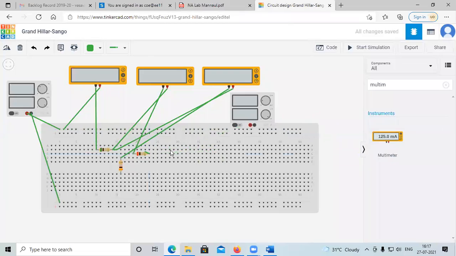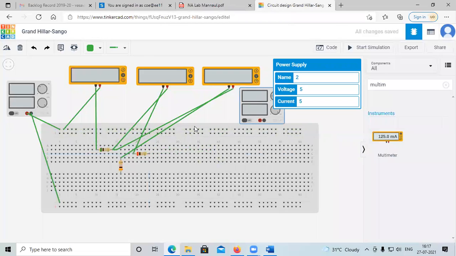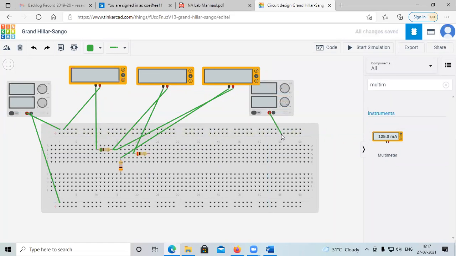Sorry. First of all, connect this to the bus bar. First connect this to the bus bar. So here is the positive terminal. It is connected here, and the negative terminal is connected, suppose, here.